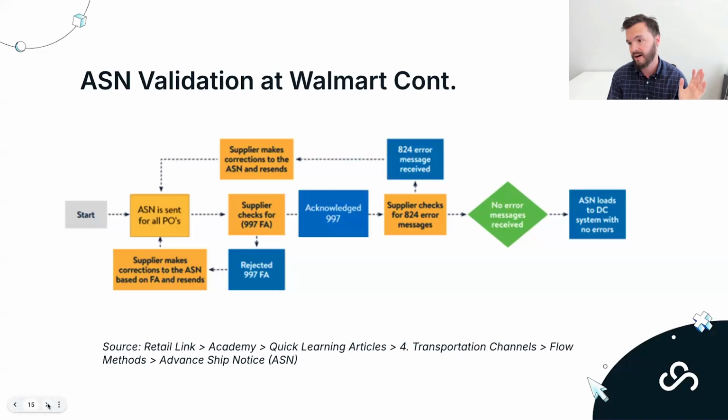A question that I have for you guys, I was trying to research this earlier, and I wasn't totally sure of the answer: if you have an 824 and you correct it, can you get a 997 for that corrected message? Another thing I'm curious about, if you're making a correction off of an 824, can your ASN still be received late and you get docked for that too?